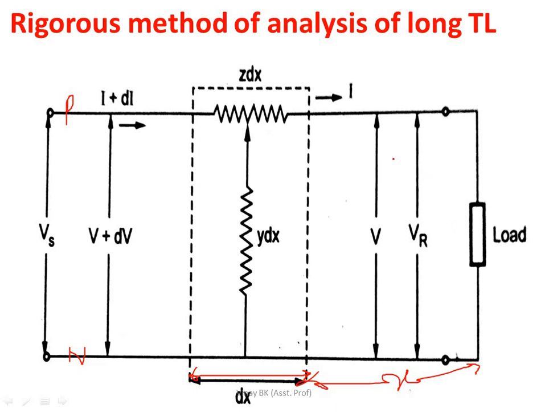Small z is the series impedance of the line per unit length.